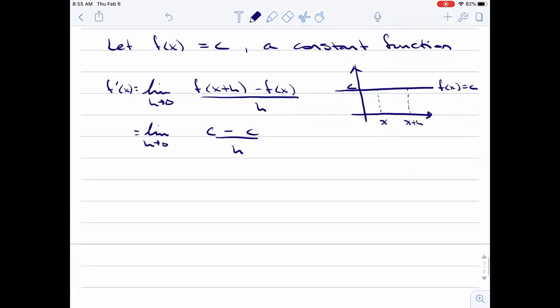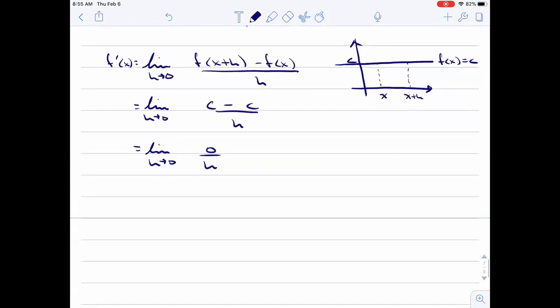Because c minus c is 0, we're taking the limit as h goes to 0 of 0 over h. It's okay that h is approaching 0 because we're not dividing by 0; 0 over something very close to 0 is just 0. And so, just like we thought, the derivative is always going to be 0.